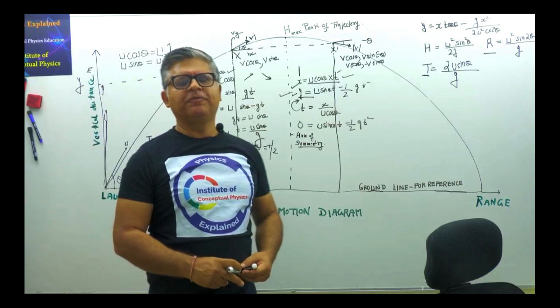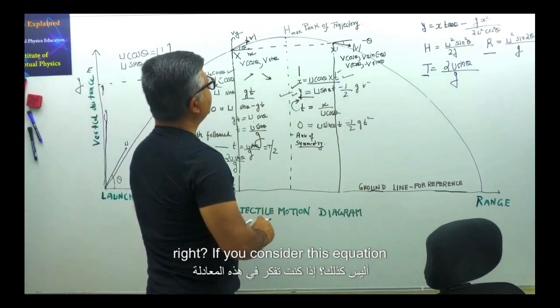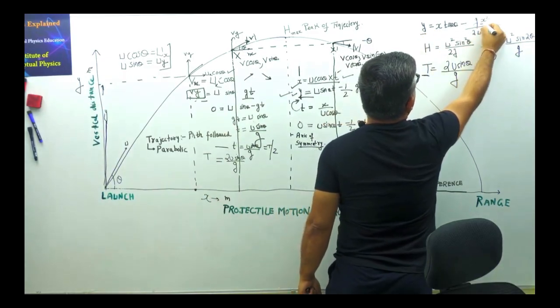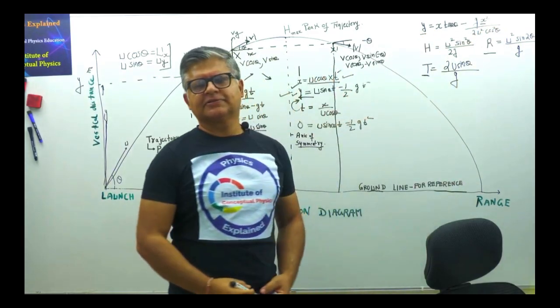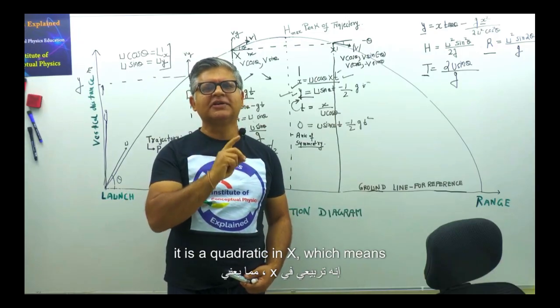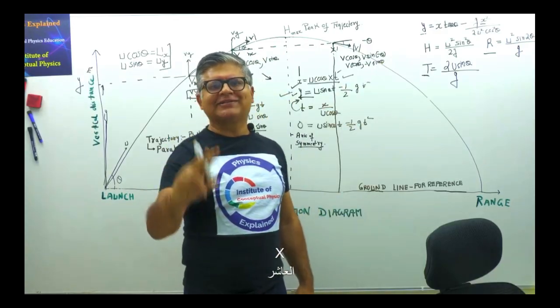So what's happening now? If you consider this equation as an example, you will notice it is a quadratic in x, which means for a given height y, you will have 2x.